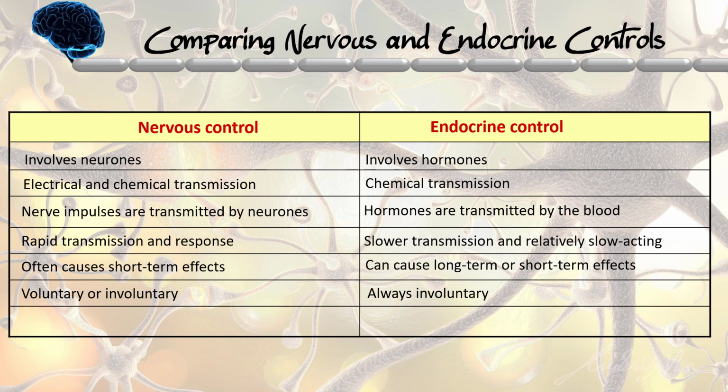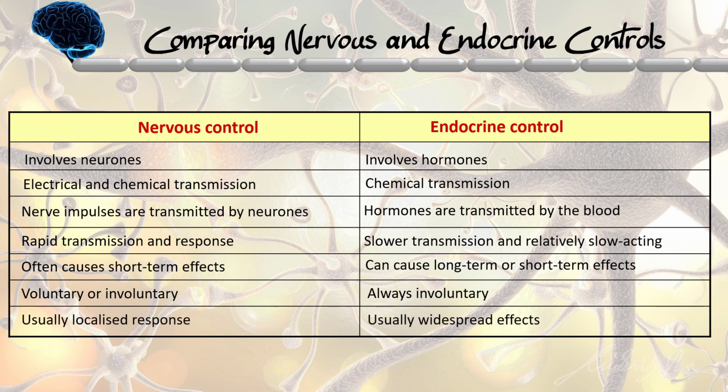For nervous control, it can be voluntary or involuntary. Endocrine control is always involuntary. For example, we cannot control our ADH. Actually, we can kind of control it by drinking a lot of water, but we cannot stop it from producing less. That is what I'm trying to say.